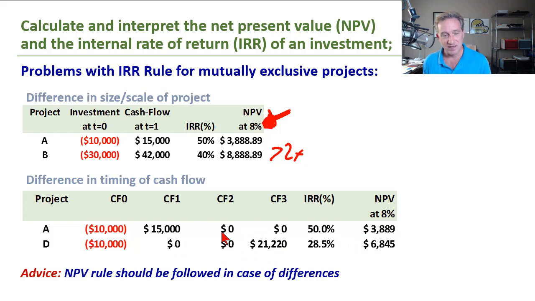Very interesting how different the outcomes are, right? IRR here, project A, 50% versus 28. Net present value, again, on a discount rate of 8% is very different here. Project D wins by a large margin because although we wait, we get significantly more money in project D. As we increase that discount rate, this advantage will fade. Especially here, it will fade strongly because we're waiting 3 years for that money.